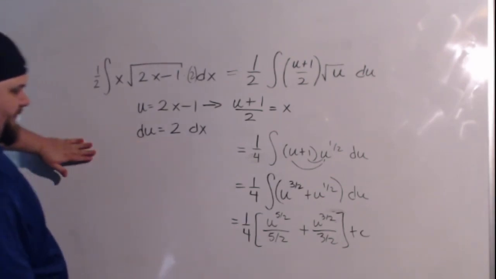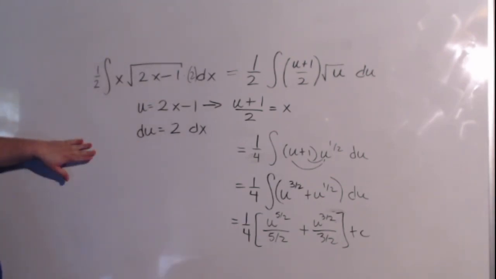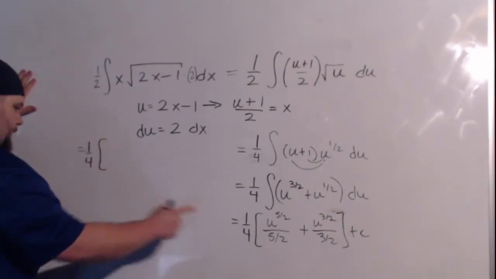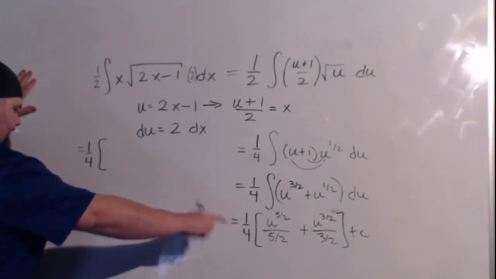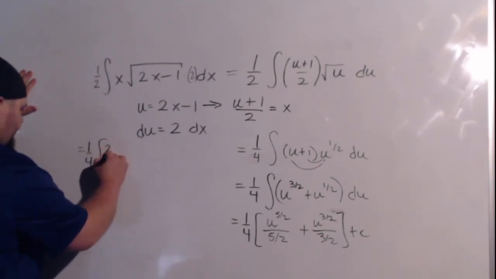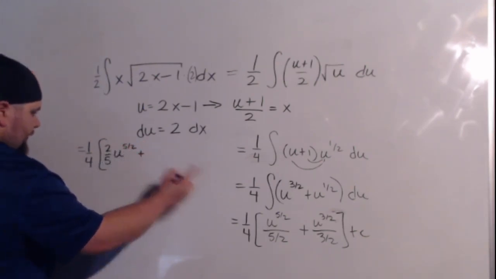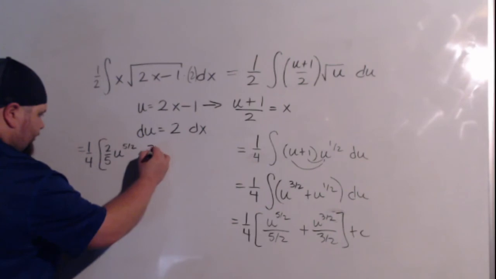I'm going to come back up over here. So dividing by 5/2 is the same thing as multiplying by 2/5, and then the other one is multiplying by 2/3.